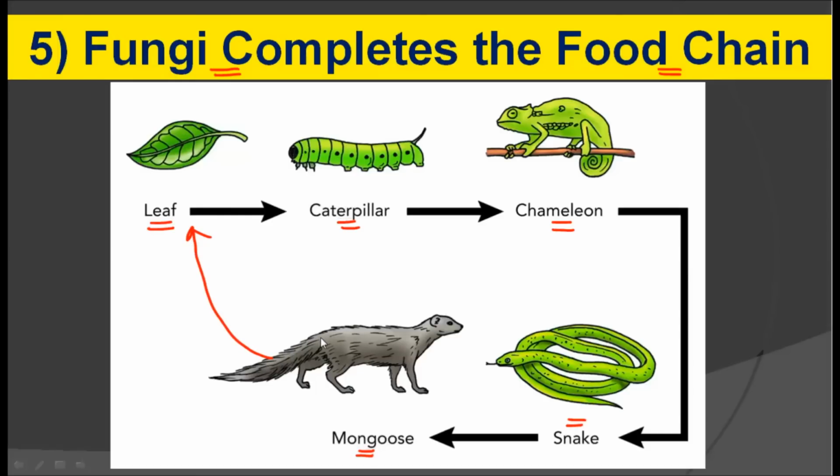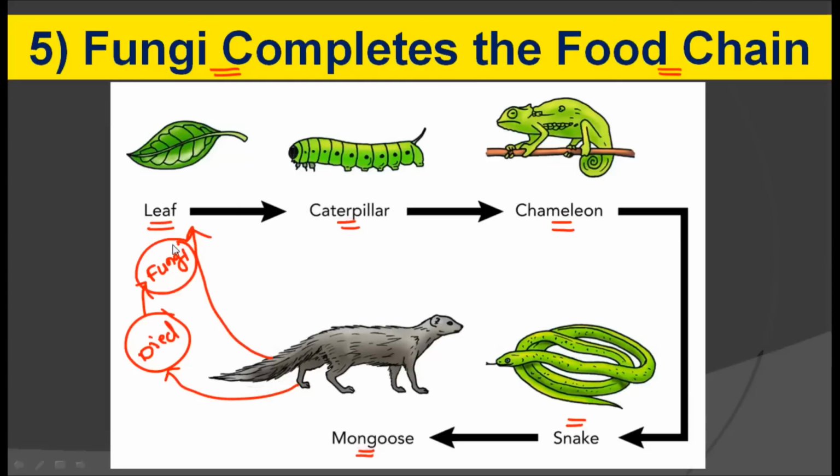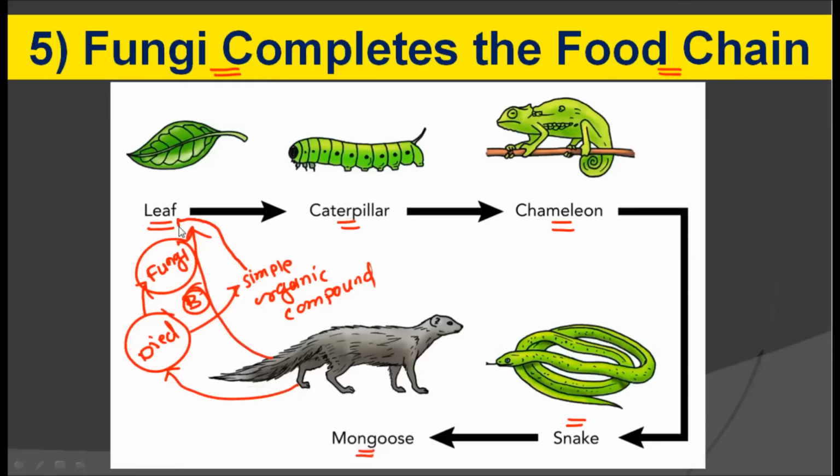When this mongoose dies, on the dead mongoose, fungus and other bacteria act and decompose it into simple organic compounds. Now, these simple organic compounds which are present in the soil are readily available to the plants. The roots of the plants can absorb these simple organic compounds from the soil.